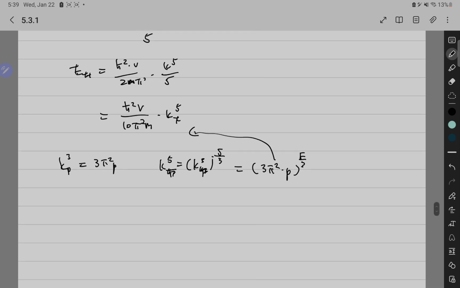So if we further substitute this in, then the total energy is going to be h squared times V over 10 pi squared m times 3 pi squared to the power 5 over 3 times p to the power of 5 over 3. And yeah, I think this is the way the textbook wrote it too. You have this expression right here, which is what the textbook wrote too.